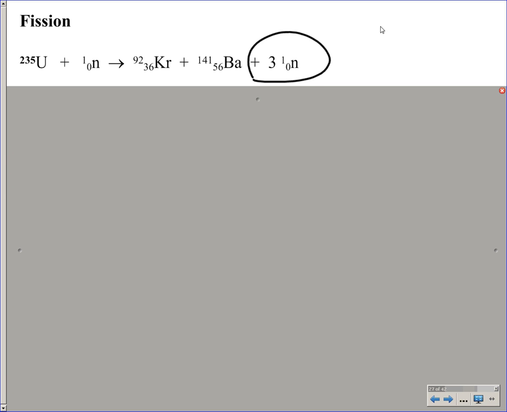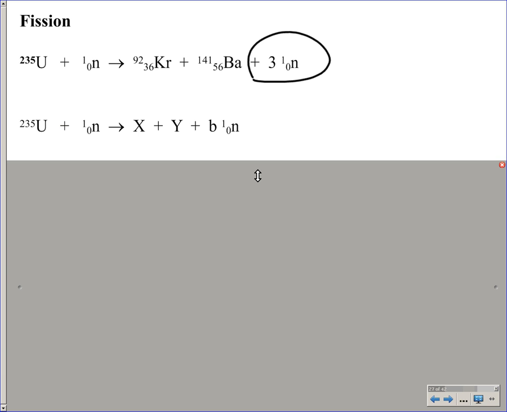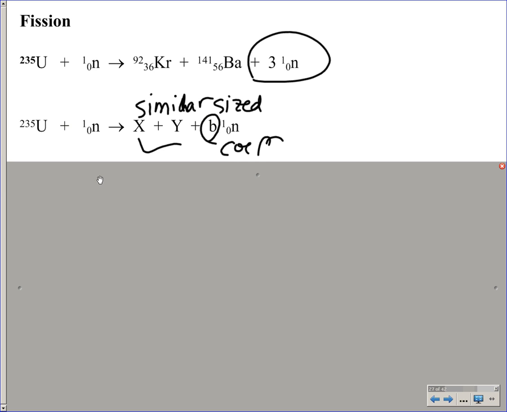And you're going to see a couple of other general formulas which are represented right here, where U-235 is going to be undergoing neutron bombardment. It changes into X and Y, which are similar sized. And then that B represents a coefficient. And then it's going to tell you how many neutrons are actually being expelled in this reaction, along with energy production.